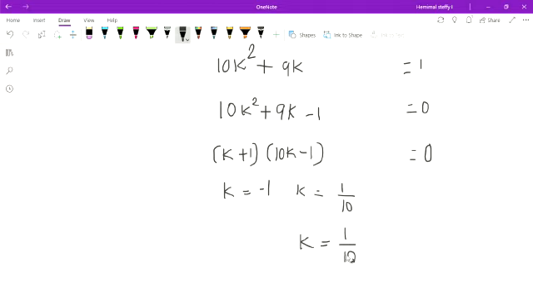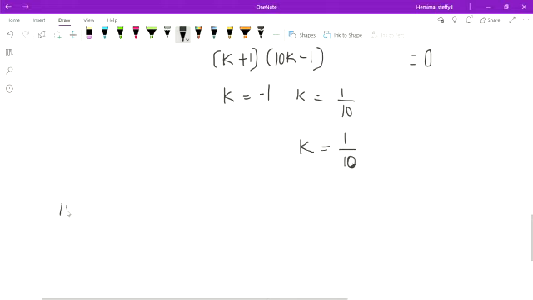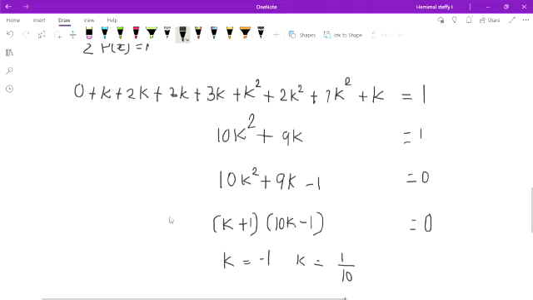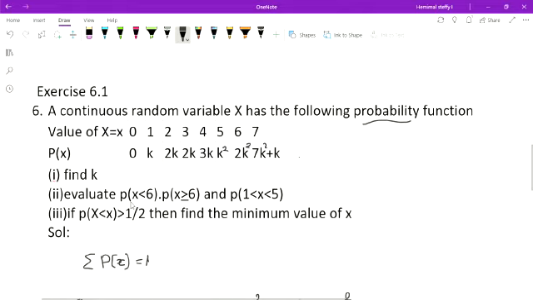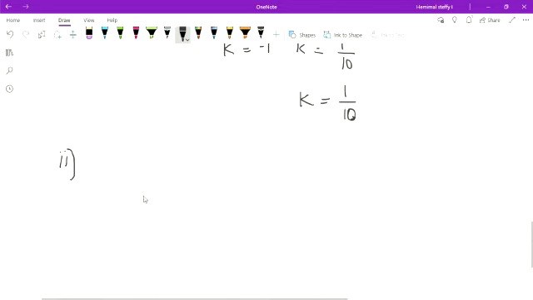Okay, now you know the k value. The first one, finding k, is finished. The second question: evaluate probability of x less than 6.